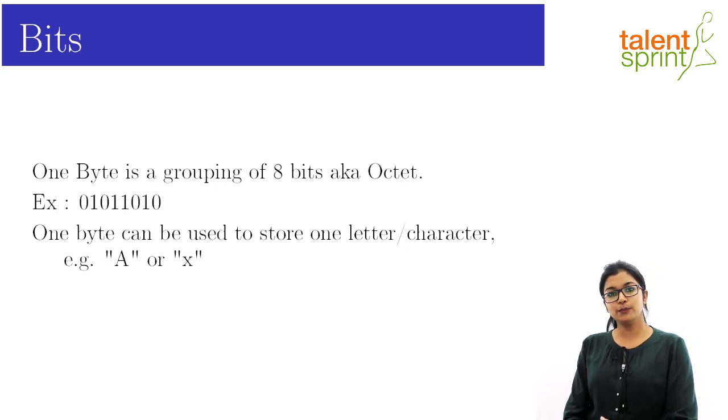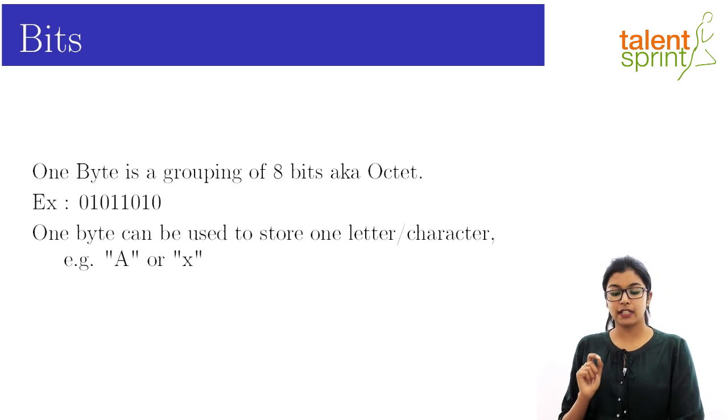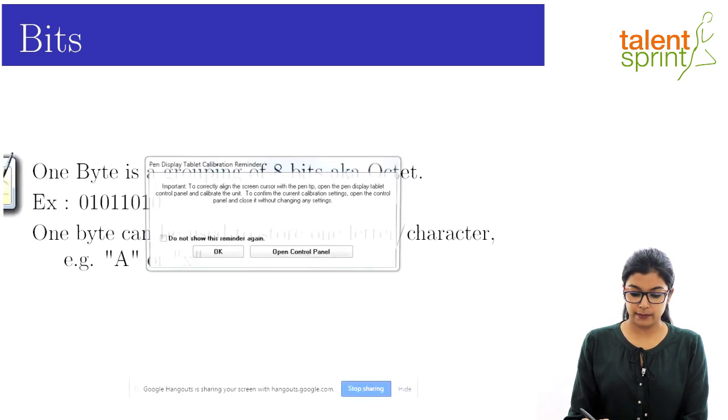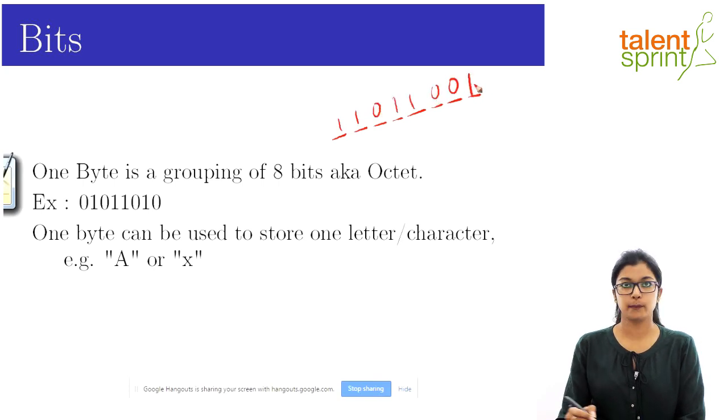Now let's move on to bytes. 1 byte is a grouping of 8 bits, also known as an octet. So let's say we have 1, 2, 3, 4, up to 8 bits: 0, 1, 1, 0, 1.